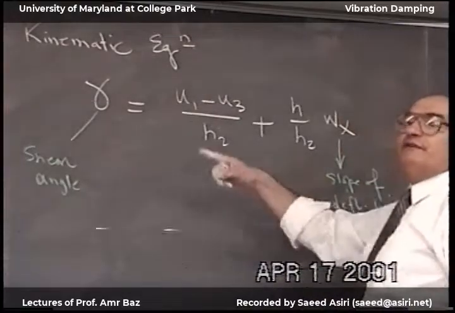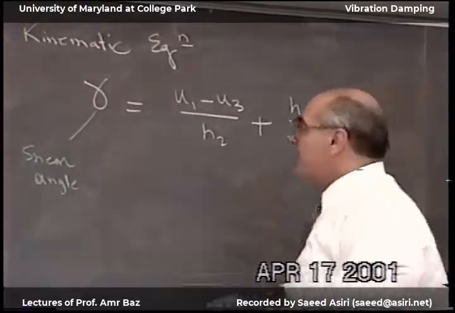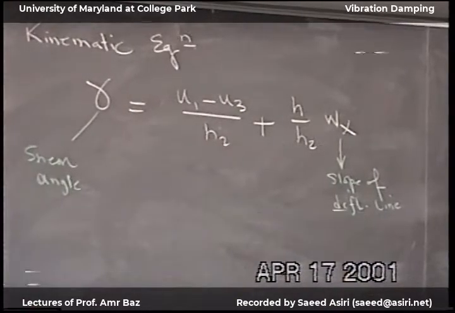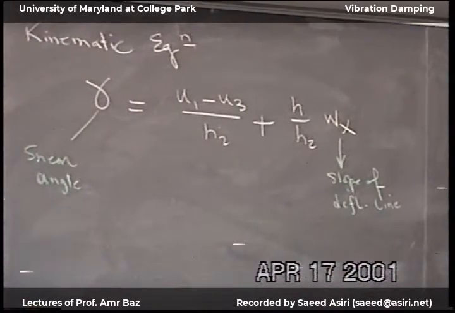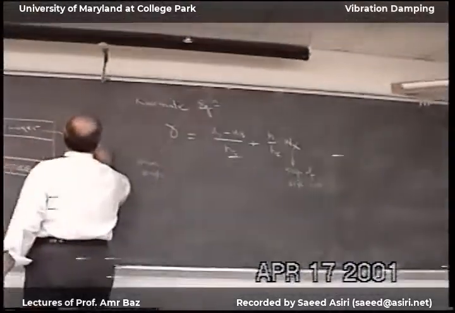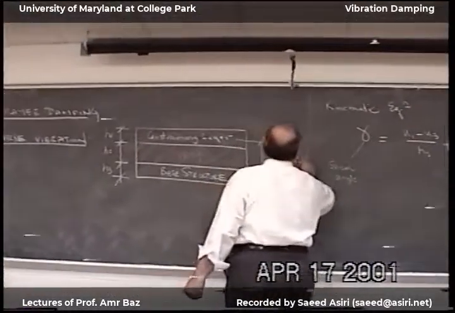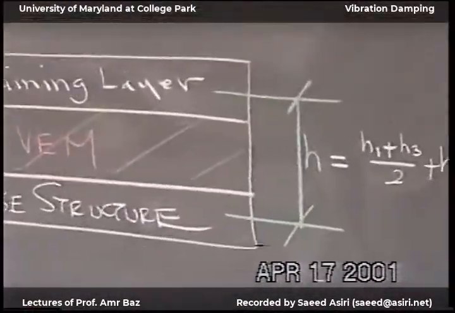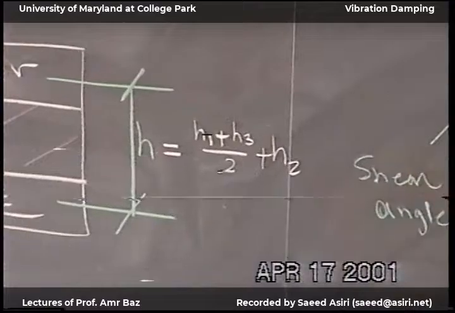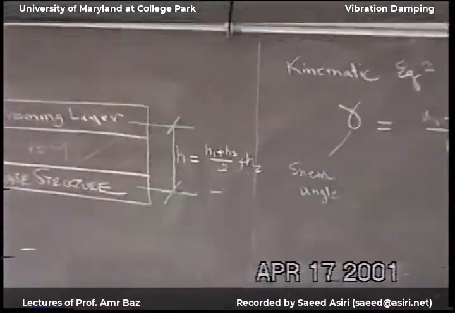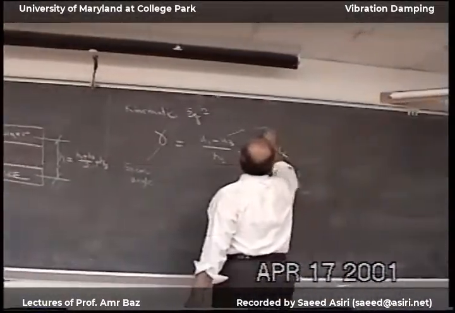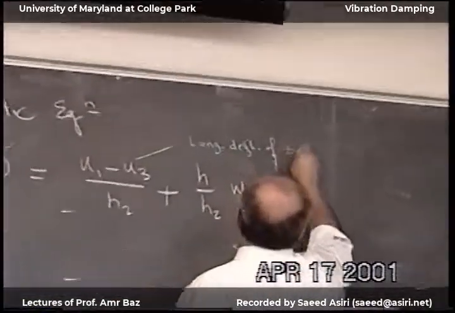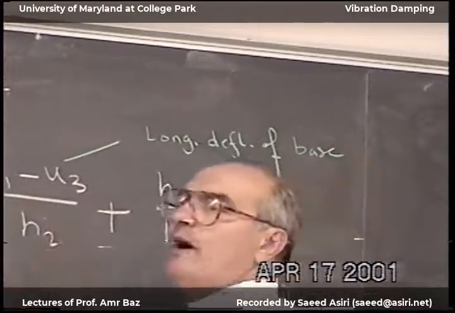H2 is the thickness of the viscoelastic material, and then H is this distance. And H is equal to H1 plus H3 over 2 plus H2. And U3 is the longitudinal deflection of the base structure, and U1 of the constraining layer.